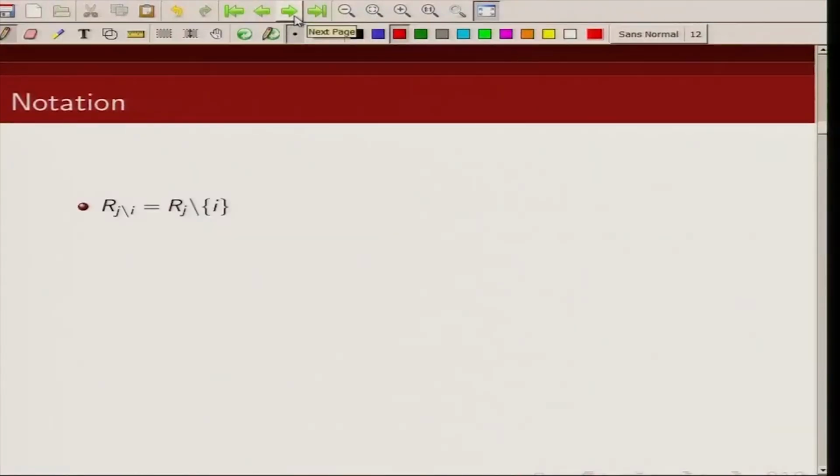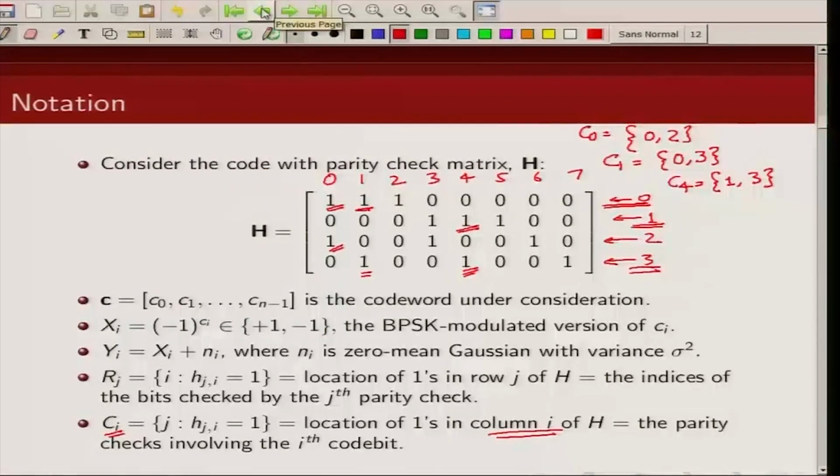Now, we define this set Rj minus a particular element i. So, let us go back. What was R0? R0 was the location of ones in the 0th row. So, that location was 0, 1 and 2, right.